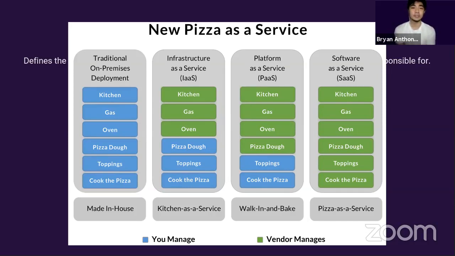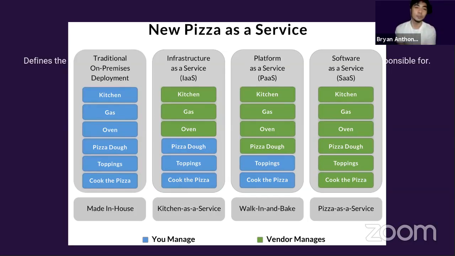But still, the rest of the stuff, the kitchen, the gas oven, they will also give you the pizza dough. That's basically the PaaS.